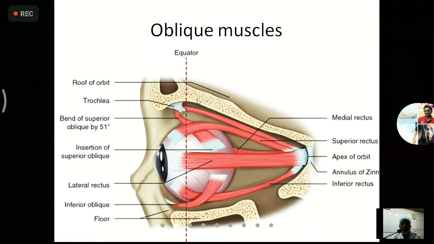Okay, see, and this is the roof. Remember it.